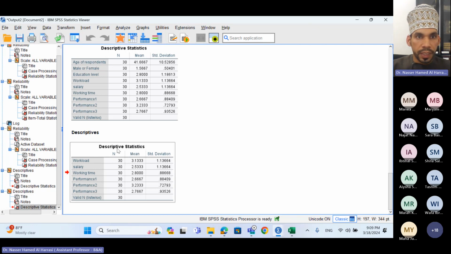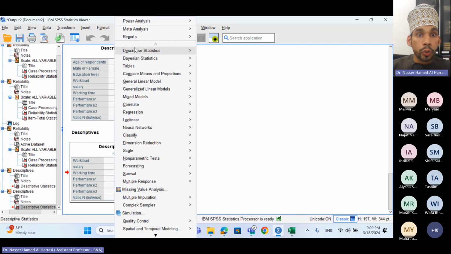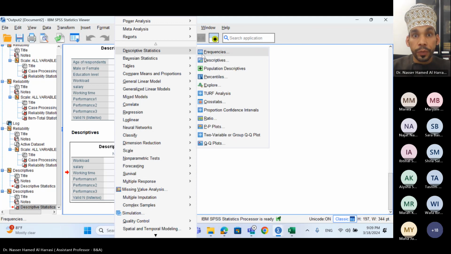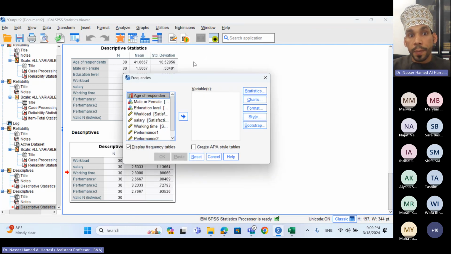So we completed the descriptive, then you have to go to the frequencies. For age, gender, and education, we need to use the frequency. If you used the workload, salary, and work hours, it would be complicated and too much information, and we don't want too much analysis.